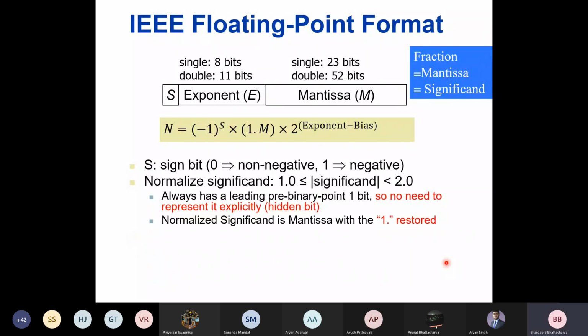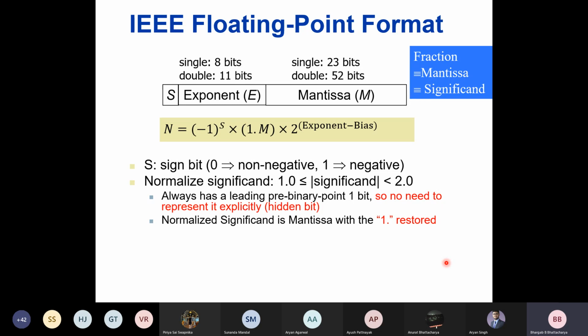Okay, so why this excess biasing, and what is the value of the excess bias? We could have used just 2 to the power exponent. What is the use of inserting this bias? Just one question here.